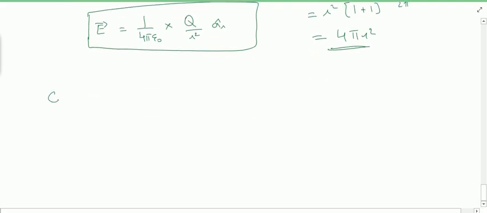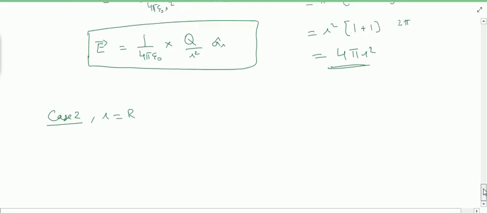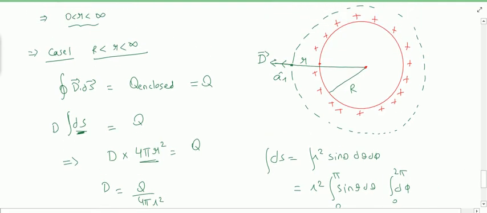That means for case 2, r is equal to R, which means that the Gaussian surface which I will take will be on this surface only.